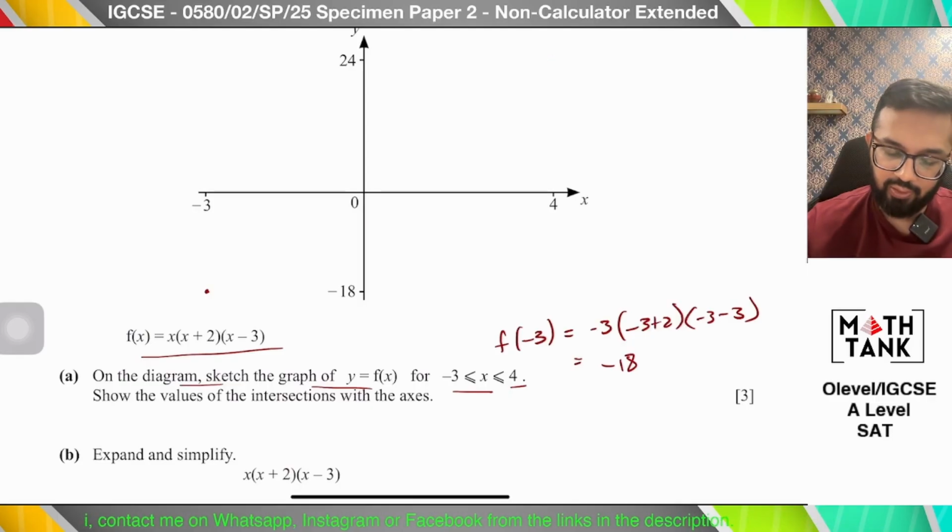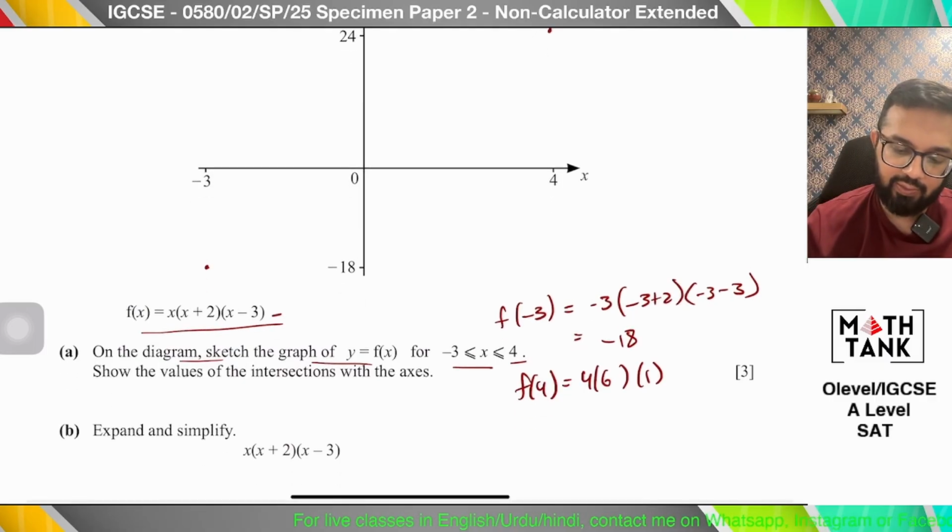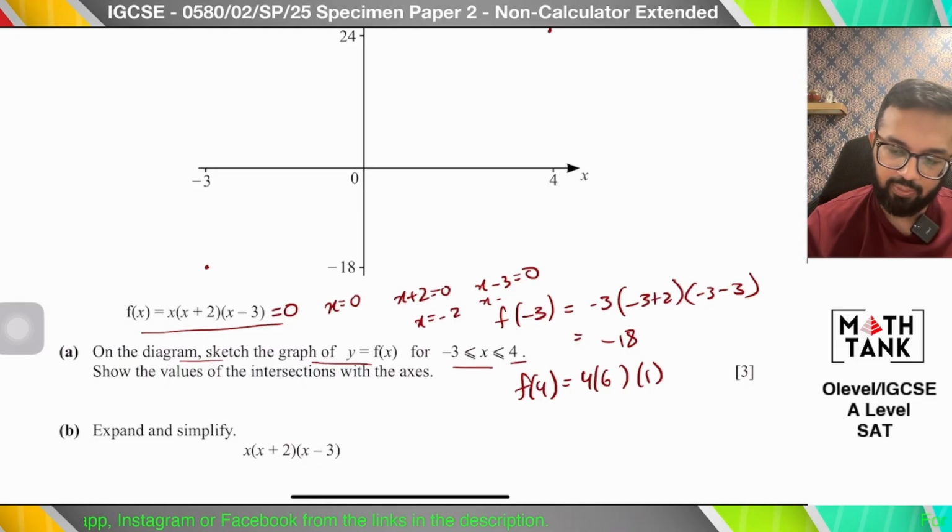When I plug in 4, I get 4 into 6 into 1. That's 24. So I got to end here somewhere. Okay, what are the x-intercepts? That's easy. Either this equals 0, or that equals 0, or that equals 0. X equals -2 and x equals 3.